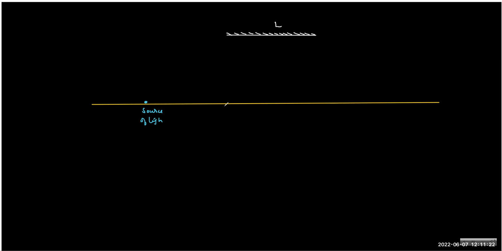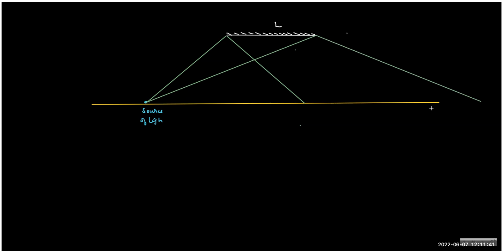Imagine light cannot go directly on the ground, so light ray will reach the ground only after reflection. It can go here, will hit, and will come back somewhere here. The other extreme is here. So this region is where the light ray is reaching, correct?